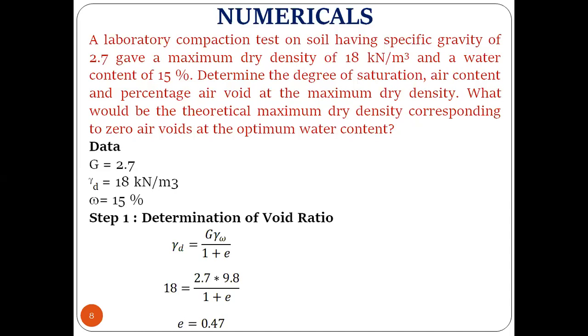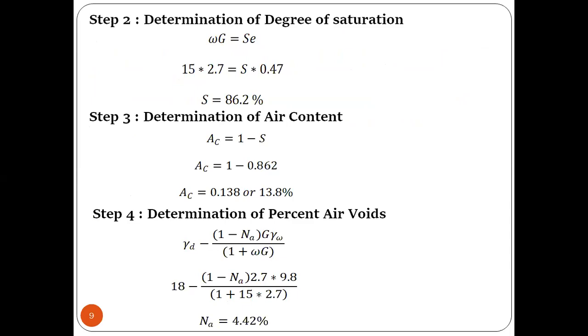So that is a constant value we are going to take, right? So here 18 is the gamma D, whatever they had given, is equal to G is 2.7 into gamma W is 9.8 divided by 1 plus E we have to find out. So when you are going to calculate this data, we are going to get the E value as 0.47.